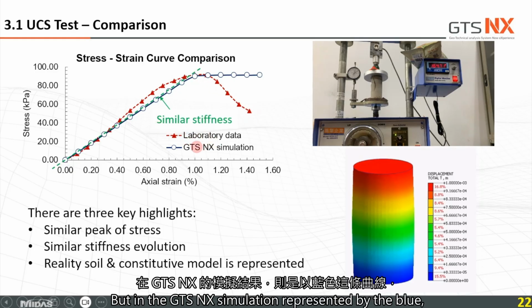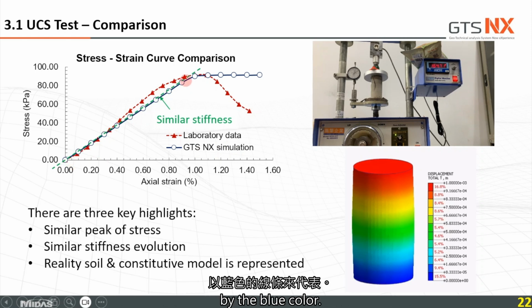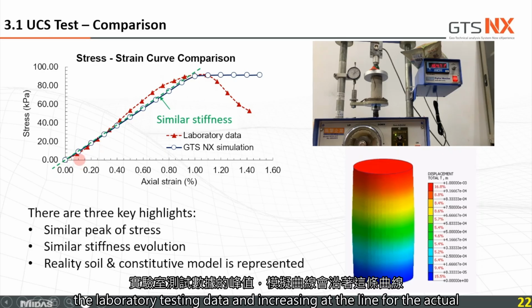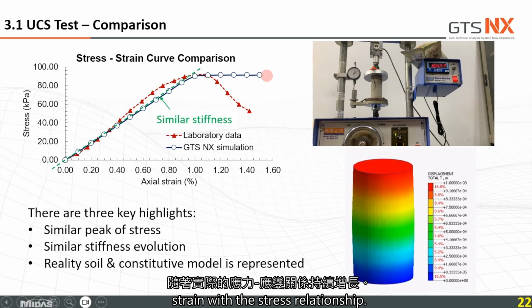But the GTX NX simulation is represented by the blue color. So it's a tangent, secant, from the 0 to reaching the peak of the laboratory testing data, and increasing at the line for the axial strength with the stress relationship.